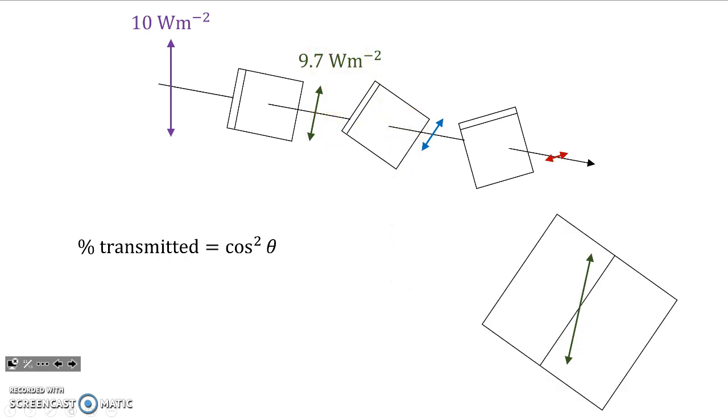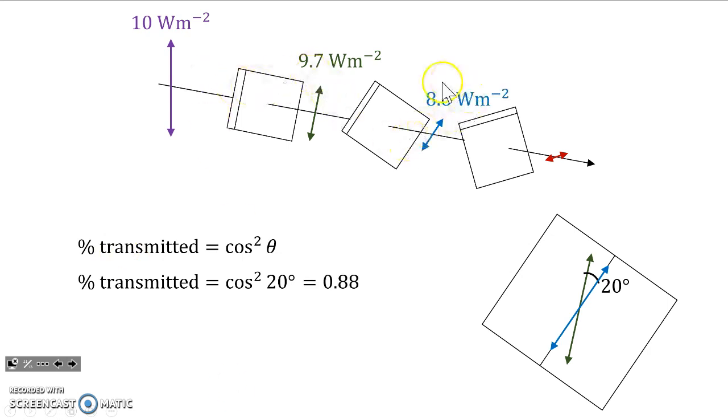The light then strikes the next filter, and again, because the two are not perfectly aligned, only a component passes through. The angle, which we'll say is 20 now, tells us how much gets through. The percent that's transmitted is 0.88. 8.6 watts per meter squared is 88% of 9.7.